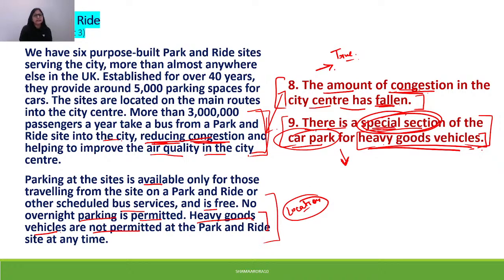It is said that there is a special section of the car park for heavy goods vehicles, but here they are saying heavy goods vehicles are not permitted to park at the park and ride site. So what should the answer be? They are saying there is a special section for heavy goods vehicles, but here they are saying they are not even allowed to park there. So the answer, yes Deepak, exactly, should be false. False and not given mean different things, so there shouldn't be any confusion. Why?